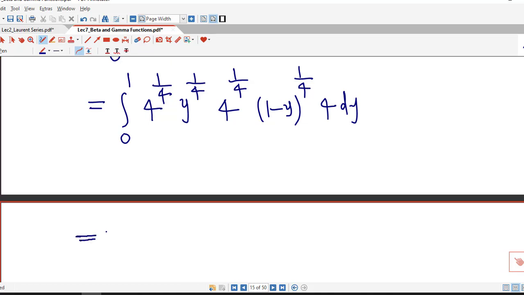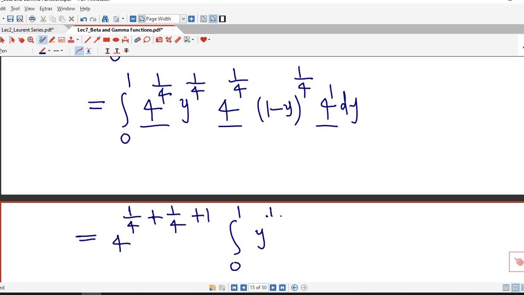Now we take all the quantities which are independent of y outside the integral. So that is 4 raised to 1/4 + 1/4 + 1. The base 4 is common, so we are adding the powers 1/4, 1/4, and 1, and inside the integral we have y raised to 1/4 times (1 − y) raised to 1/4 dy.